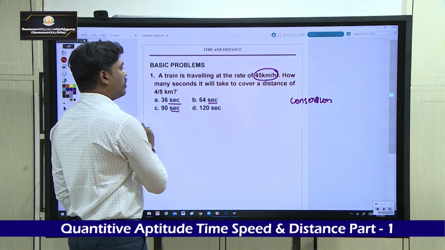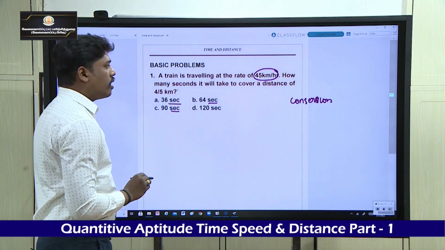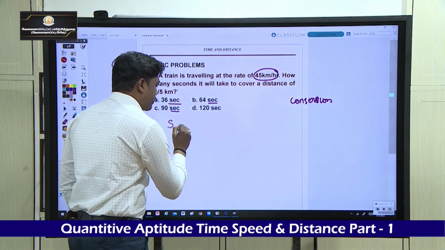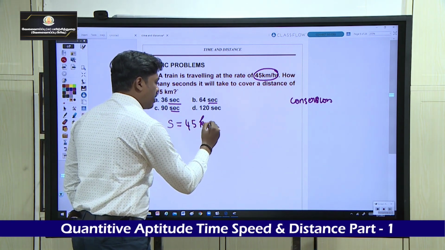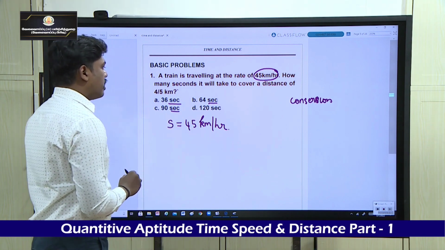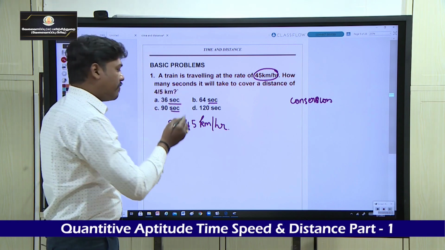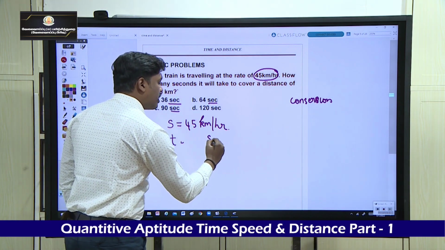So look at the question here. A train is travelling at a rate of 45 km per hour. So I can tell the speed of the train is 45 km per hour. Next, they are asking how many seconds it will take, which means they are asking the time in terms of seconds.